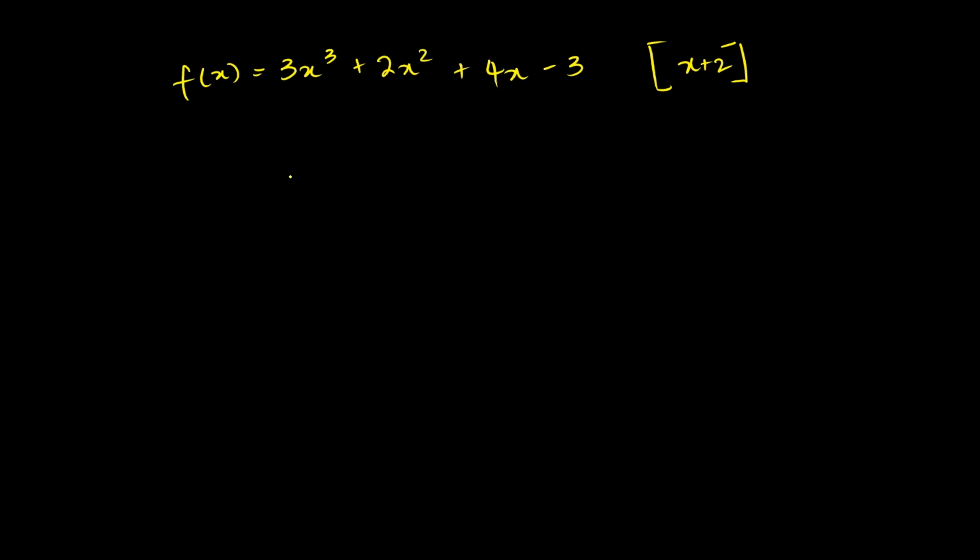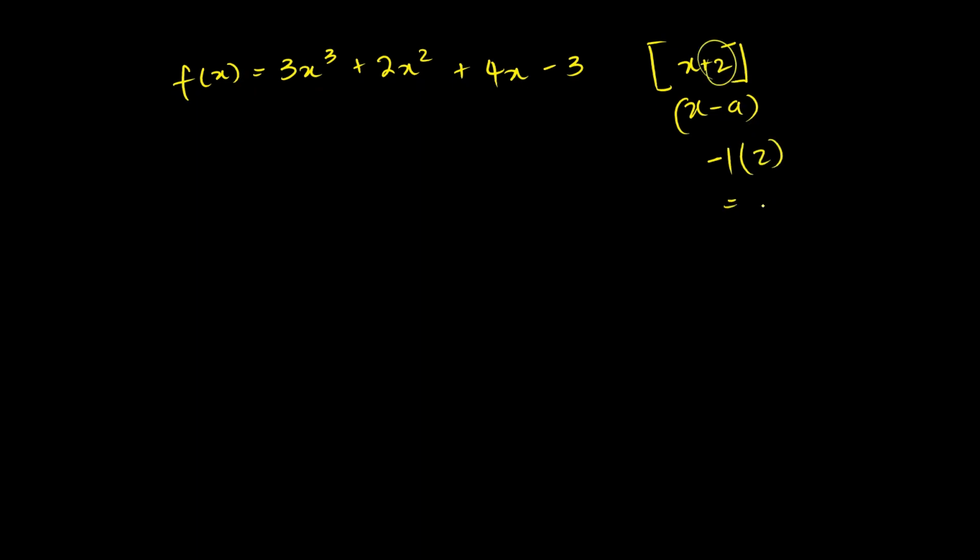So here, if this is written as x minus a, or this is our x minus a value, or divisor right here, x plus 2, then that means that the a value that we should substitute would be minus 1 multiplied by that positive 2 that we have here.